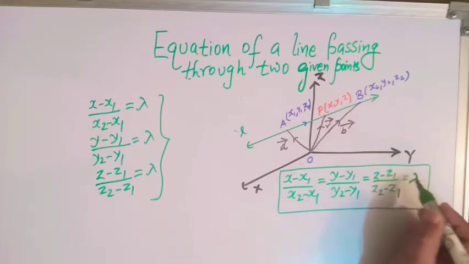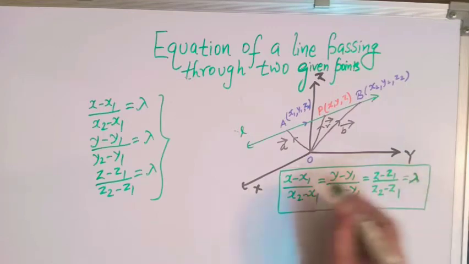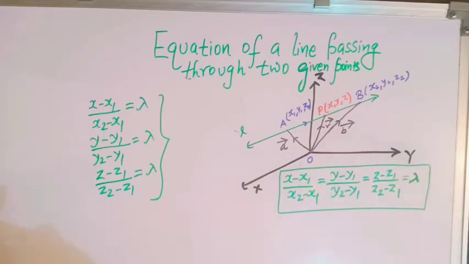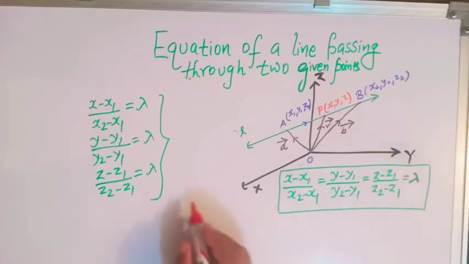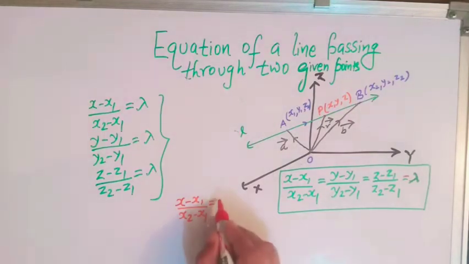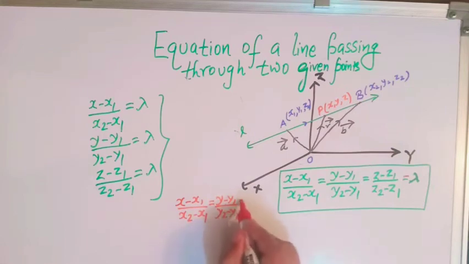If we remove this lambda, then we can simply write (x minus x1) divided by (x2 minus x1), (y minus y1) over (y2 minus y1), and (z minus z1) over (z2 minus z1).